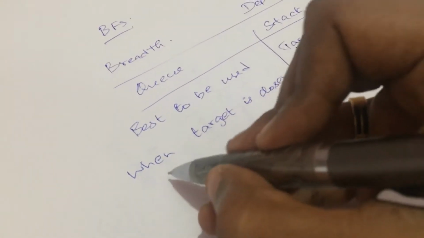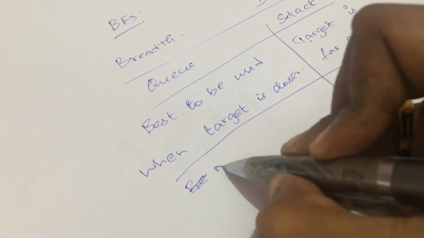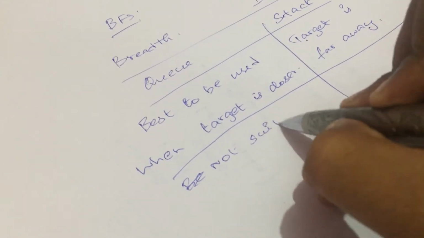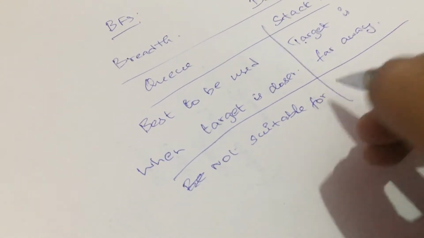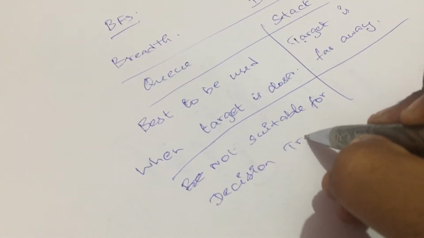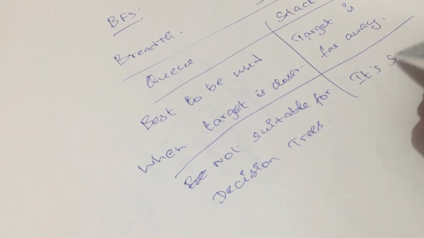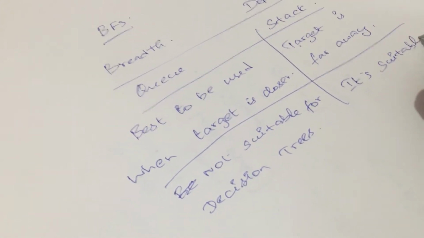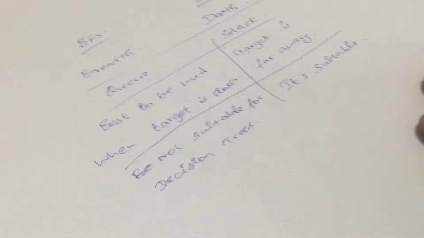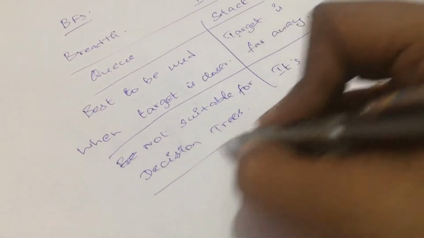BFS is actually not suitable for a decision tree implementation, but DFS is a great fit, so it's suitable. Next is which is faster and which is slower.